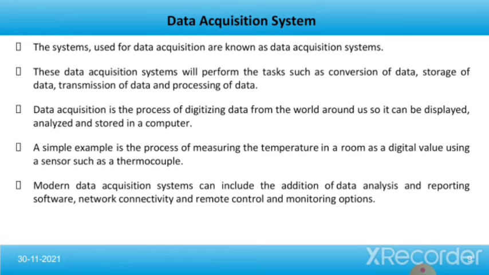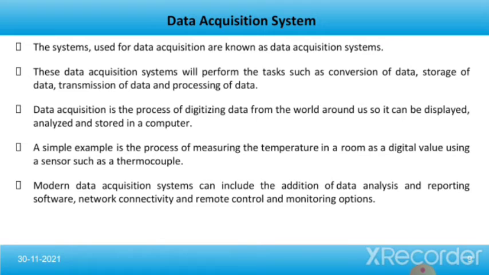The systems used for data acquisition are known as data acquisition systems. These systems will perform tasks such as conversion of data, storage of data, transmission of data, and processing of data. Data acquisition is the process of digitizing data from the world around us so it can be displayed, analyzed, and stored in a computer.